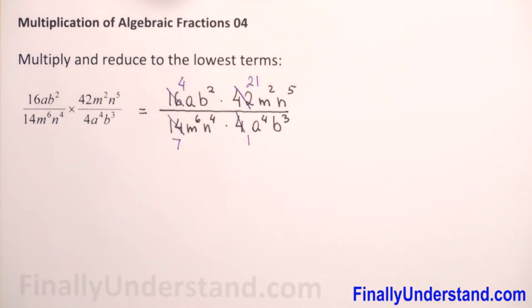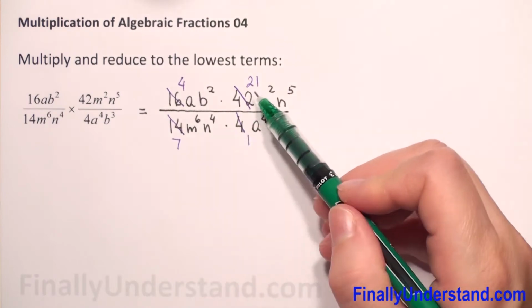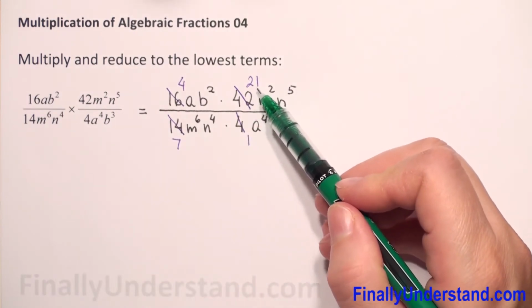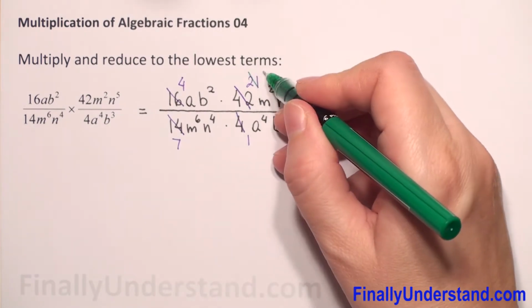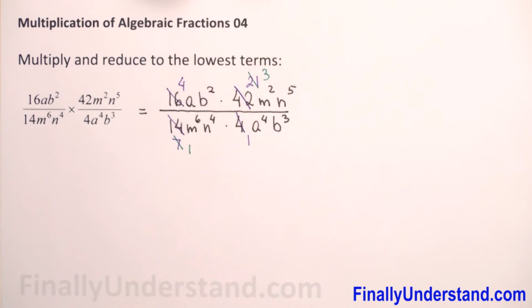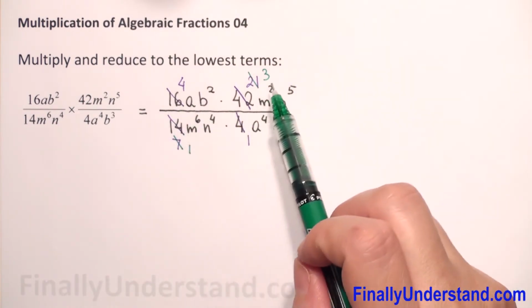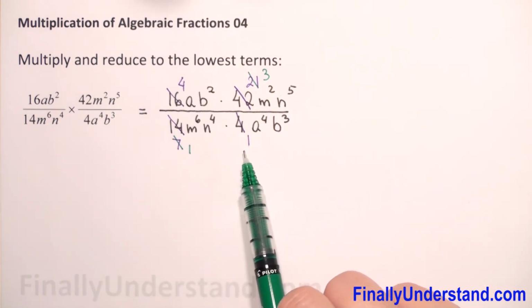And now we have 21 and 7. 21 is divisible by 7. So 21 divided by 7 is 3, and 7 divided by 7 is 1. So now we have in the numerator 4 and 3, and in the denominator 1 and 1.